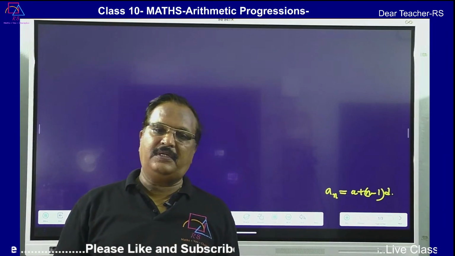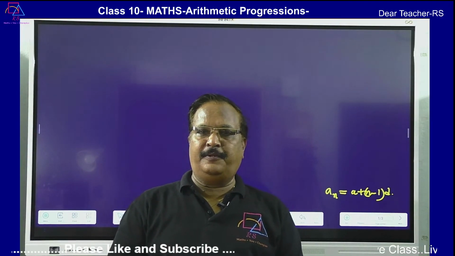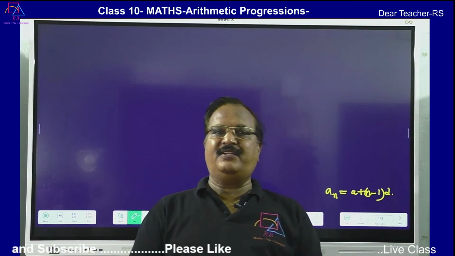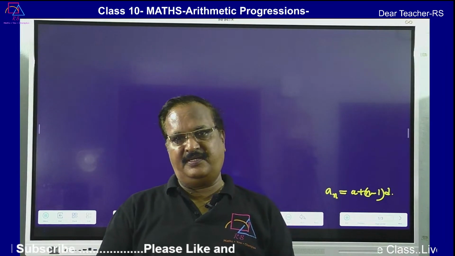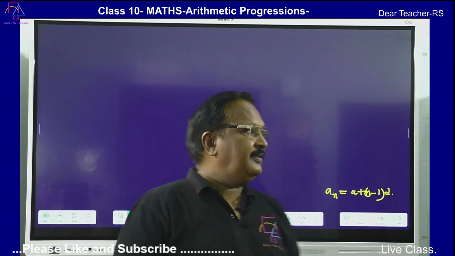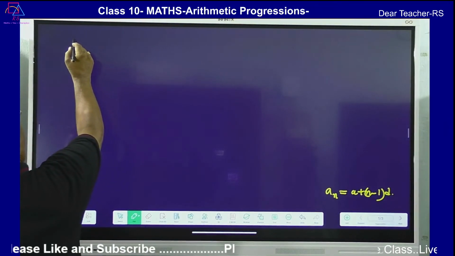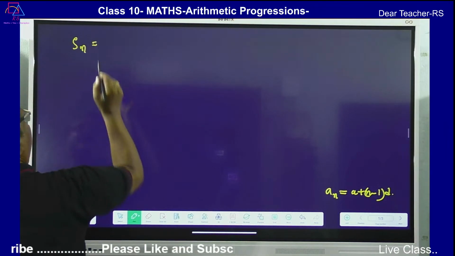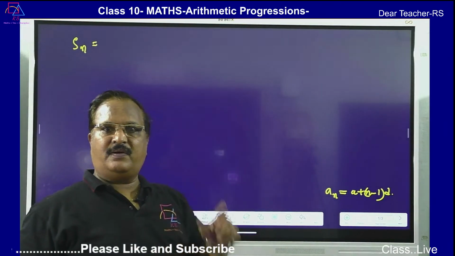Now in general I am going to derive the sum of n terms formula, which is one of the important questions. So now let us write Sn. Let us write all the terms right from the beginning.